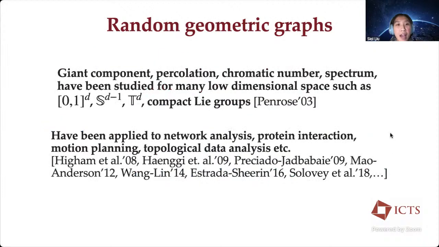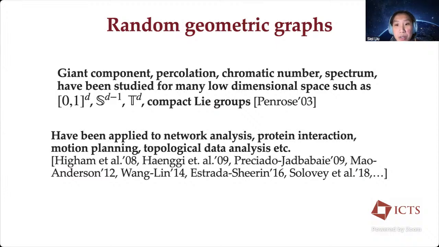This problem has been studied for a long time, and people have been studying questions like the giant component size, percolation threshold, chromatic number, and so on, in many low-dimensional spaces, such as cubes, low-dimensional unit spheres, tori, and compact Lie groups.